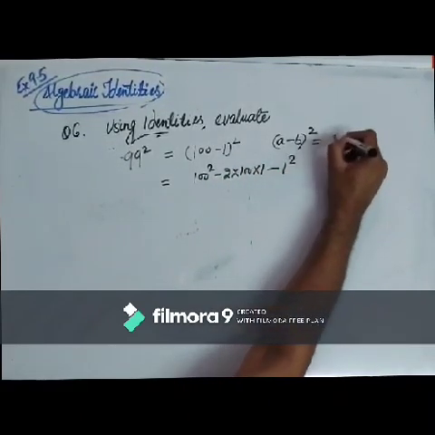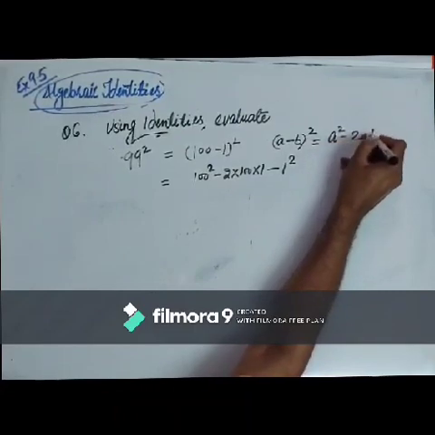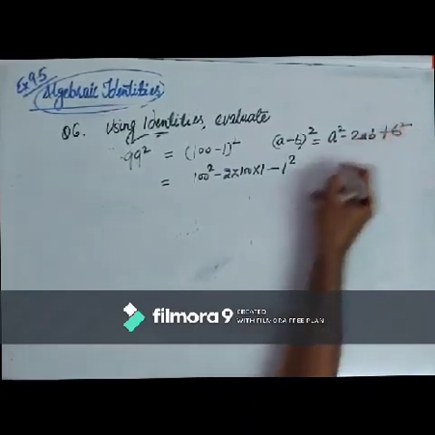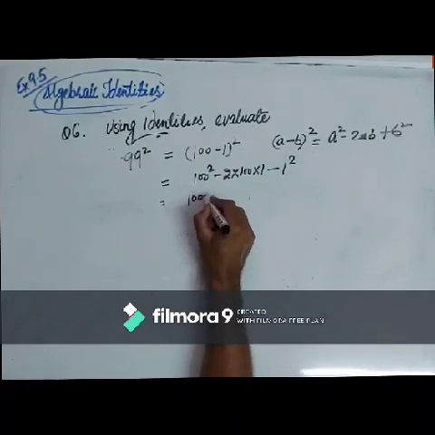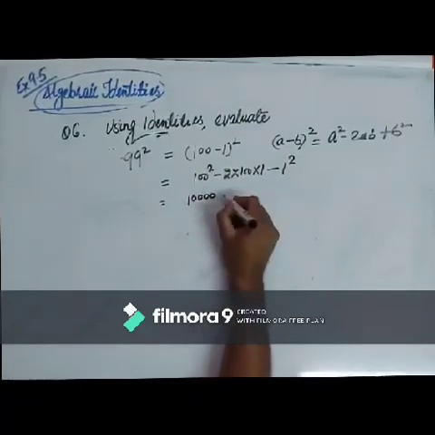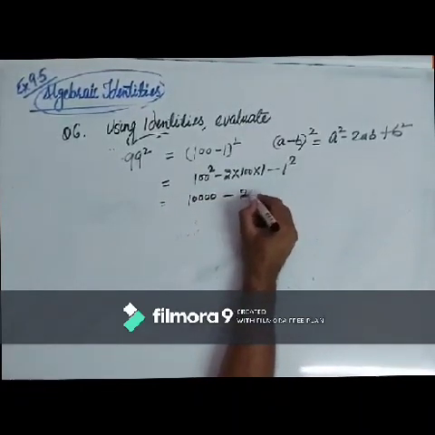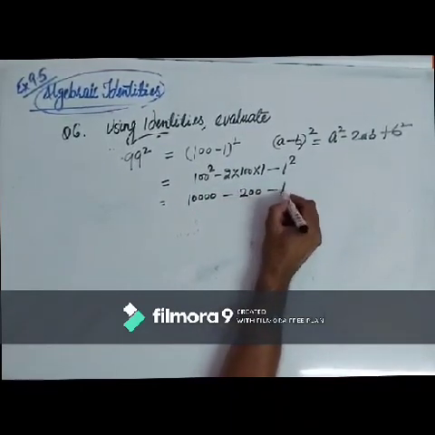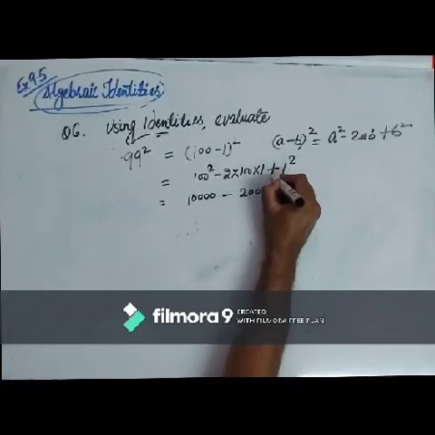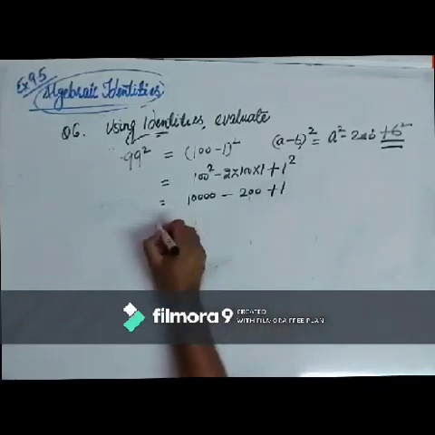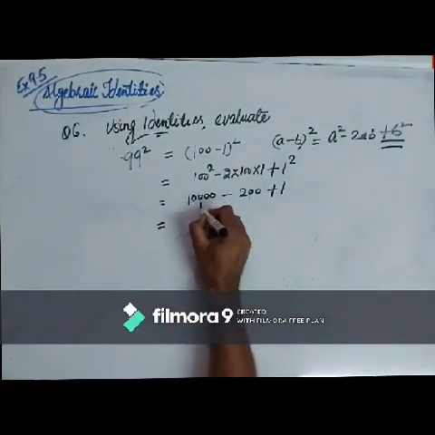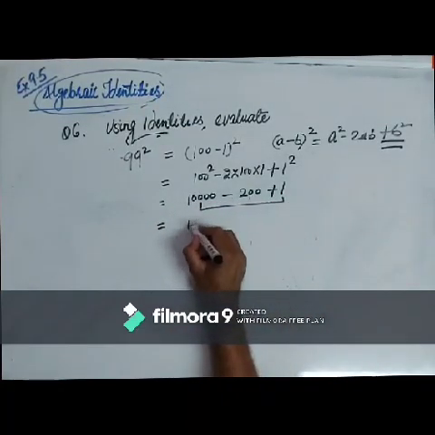If you remember, a square minus 2ab plus b square, right? 100 square is 10,000, minus 2 into 100 into 1, which is 200, plus 1. This plus 1 is b square, remember it, and these two are to be added.